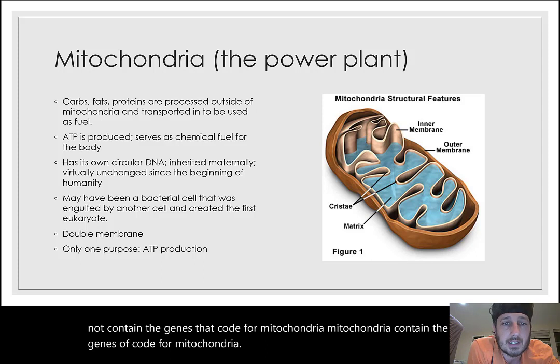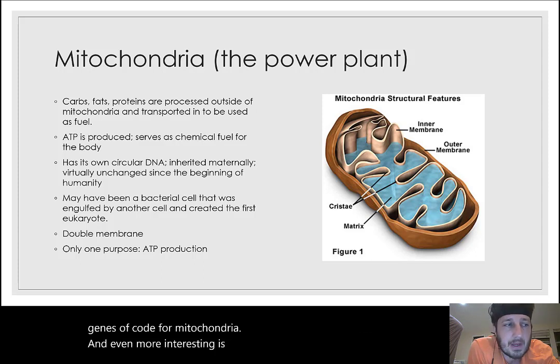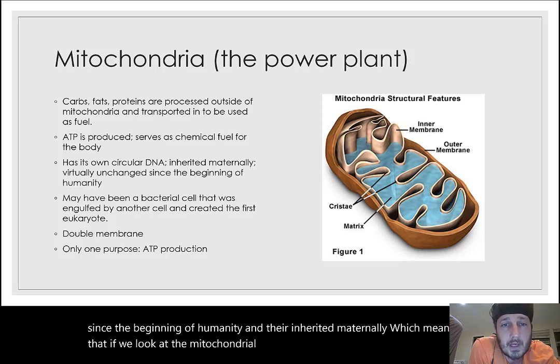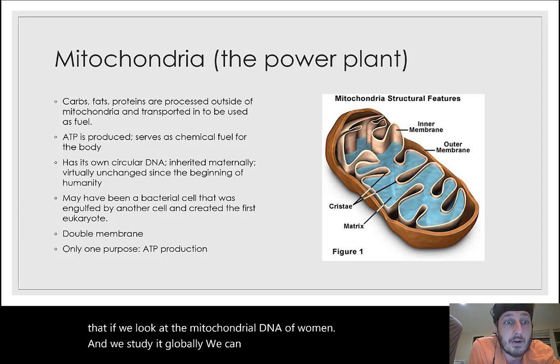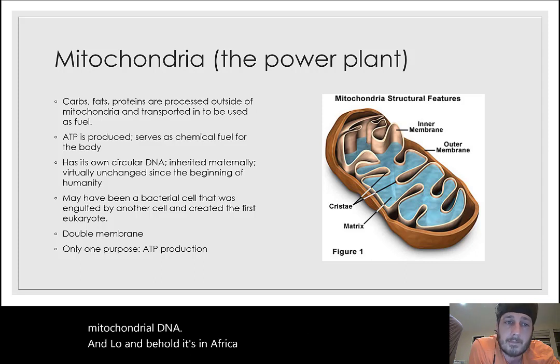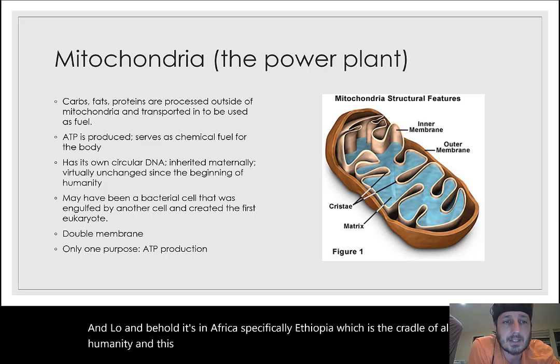And even more interesting is that those genes have been virtually unchanged since the beginning of humanity, and they're inherited maternally, which means that if we look at the mitochondrial DNA of women and we study it globally, we can actually trace back to the very first mitochondrial DNA. And lo and behold, it's in Africa, specifically Ethiopia, which is the cradle of all humanity. And this has been shown in lots of different studies.